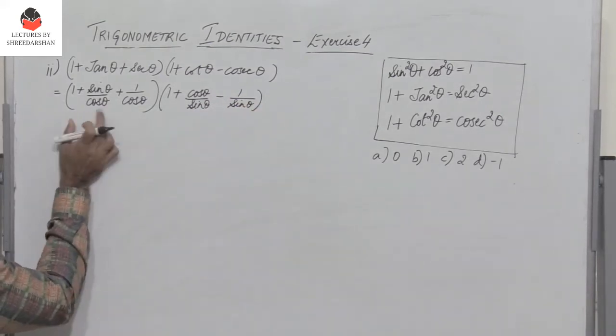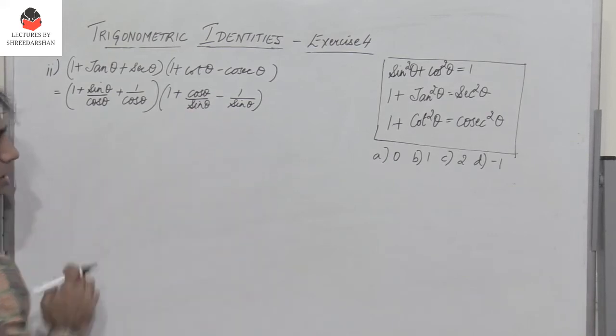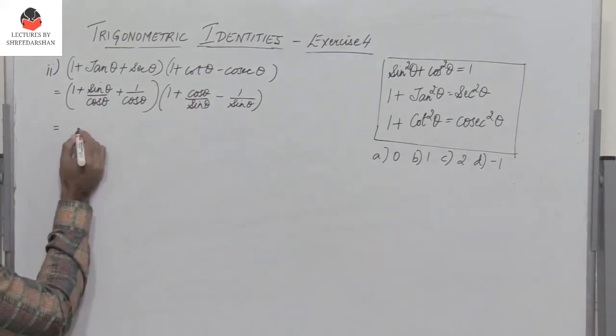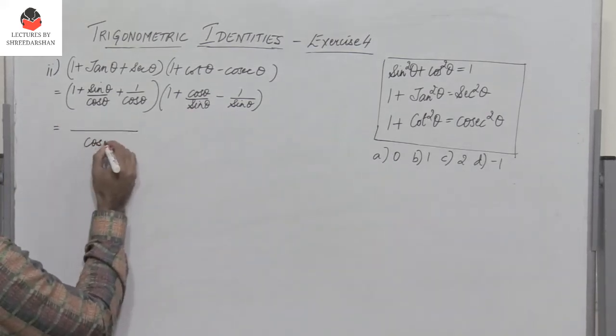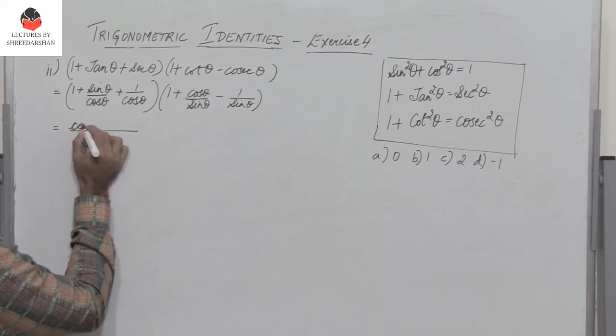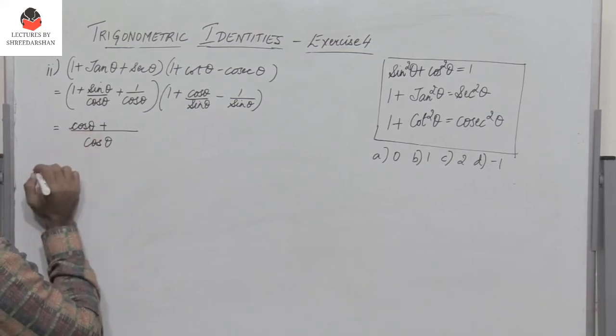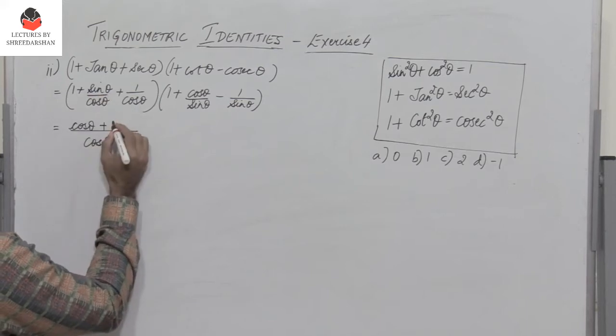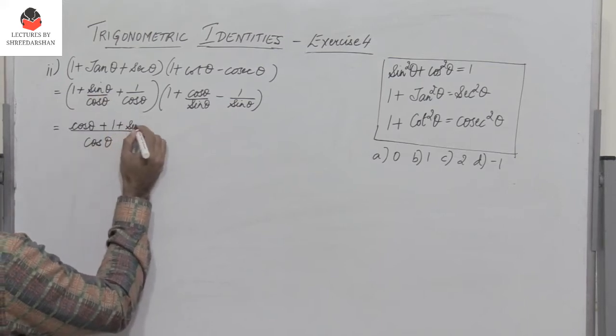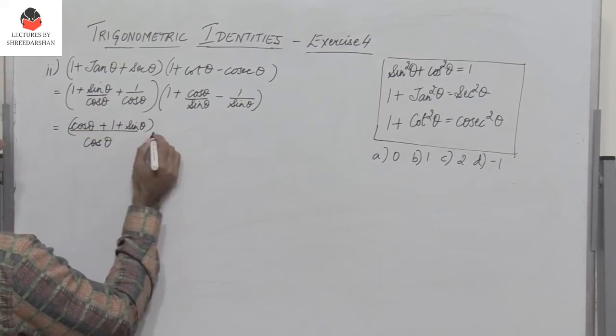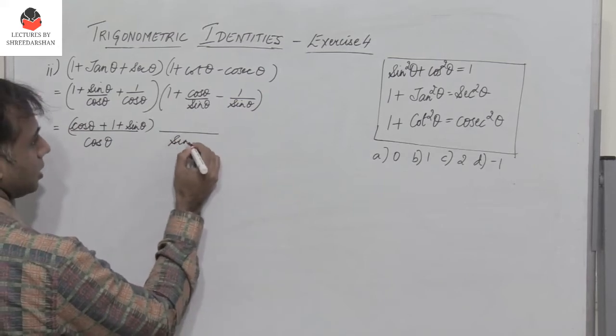So here for this expression I will take cos theta common and here sine theta common. So if I take cos theta common here, I get cos theta plus, so this becomes 1 plus sine theta, and then sine theta.